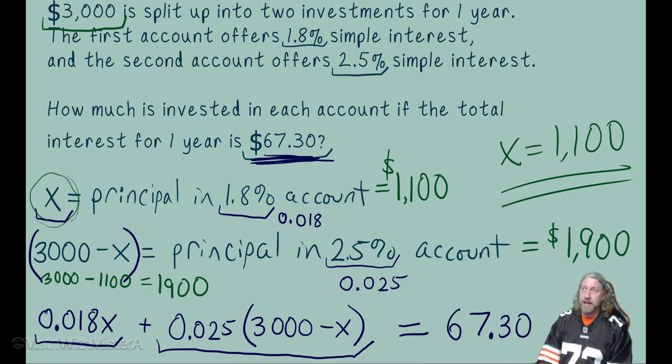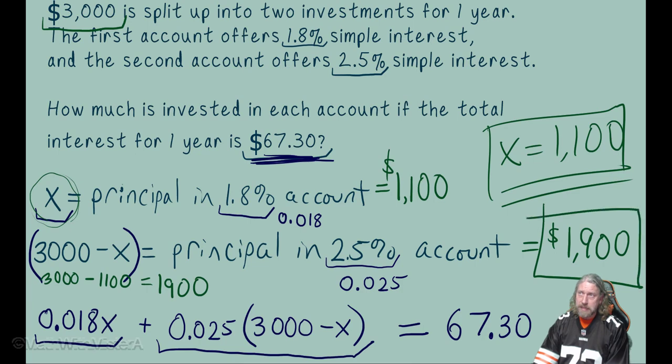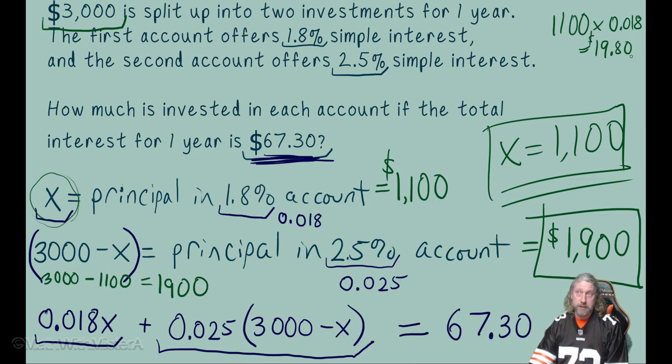So once we have our answers, that in the first account we put 1,100 and in the second account we put 1,900, we can go back up to this whole description of the problem and check to make sure that we did it accurately. So the first account got 1.8%. So if I do 1,100 times 1.8% as a decimal, that would equal 19.8 or $19.80 of interest.